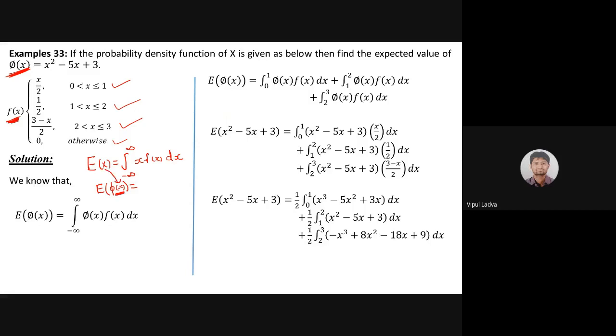Random variable का कोई एक function है हमारे पास, उसके लिए बात कर रहे हैं, तो यहाँ पे क्या फर्क होगा? माइनस इनफाइनाइट टू इनफाइनाइट, ये जो x है उसकी जगह पे क्या आएगा? phi of x आएगा सिंपली. So phi of x f of x dx. That should be the definition for the expected value of phi of x.